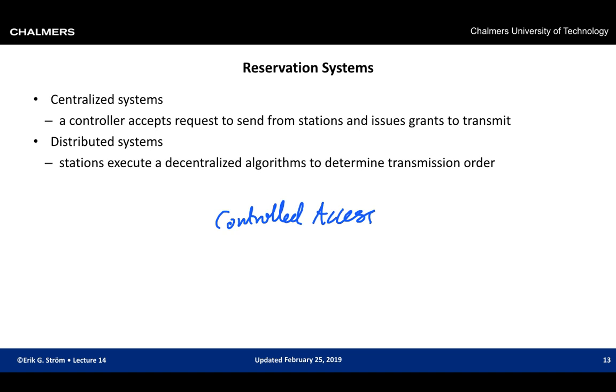If this user equipment, this phone, would like to transmit something, it first contacts the base station and says, hey, I have some data to transmit, is this okay? And then the base station says, yes, you can, and here's when and where you should send it, at what frequency, at what time, with what modulation format, and all these things. So that's an example of this in practice.